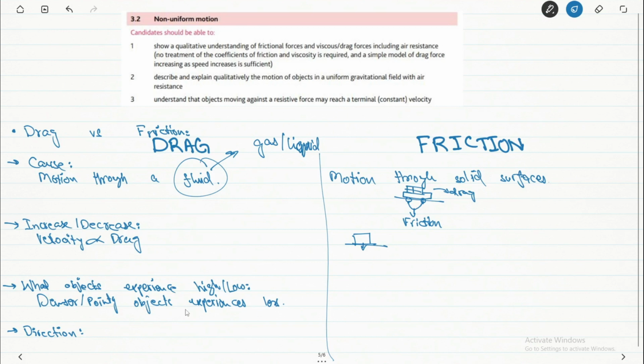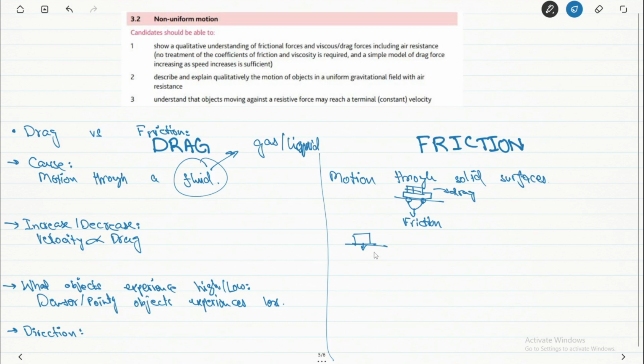Or for example, you have seen this in real life many times. The movement of a feather downwards in air is very slow, right? So that's because the feather basically isn't very dense, so it experiences very high amounts of drag forces.